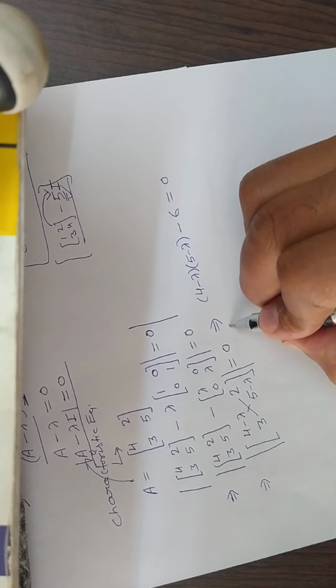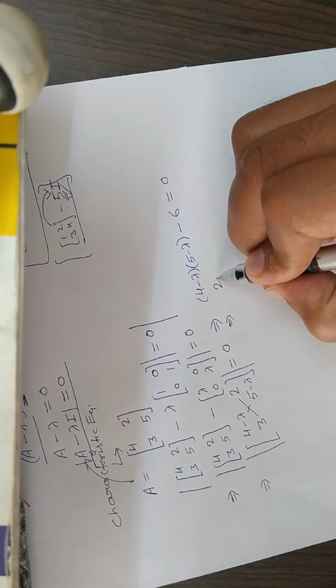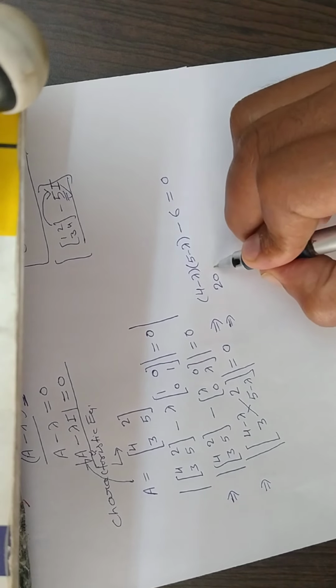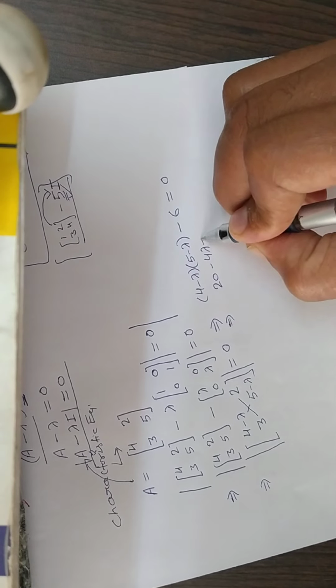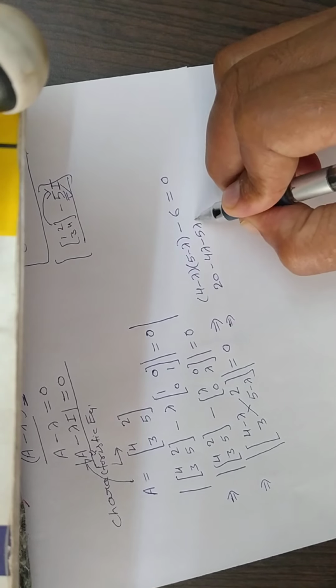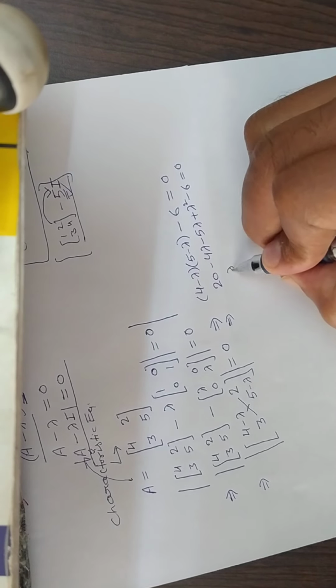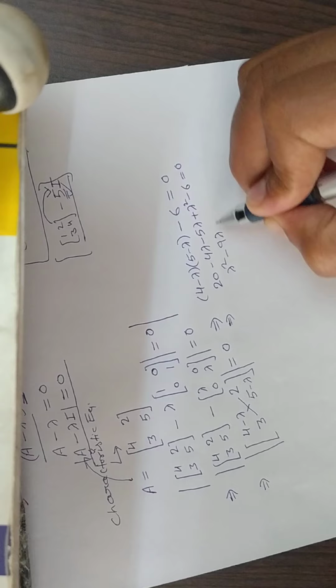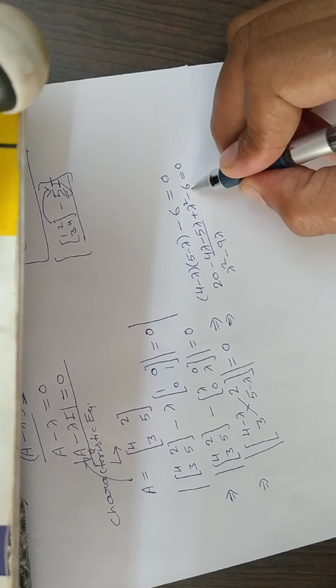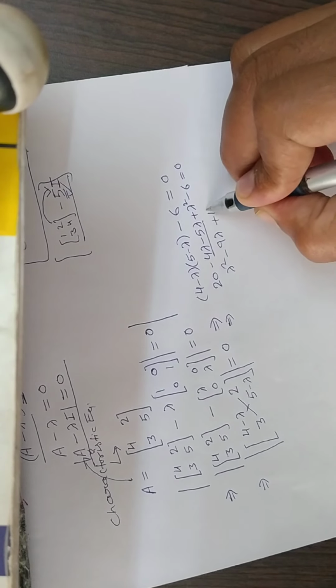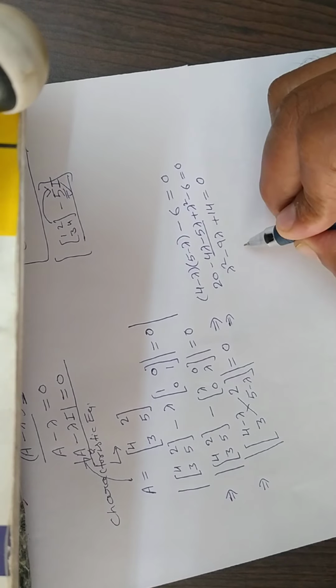Now simplify this condition. This is 20 minus 4 lambda minus 5 lambda plus lambda square minus 6 equal to 0. Then lambda square minus 9 lambda plus 14 equal to 0.